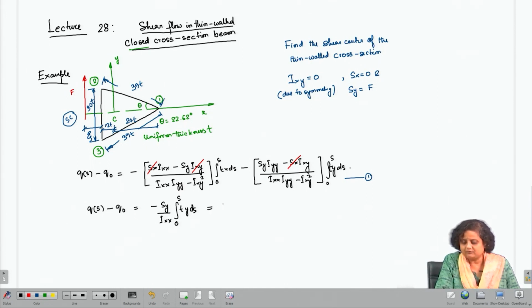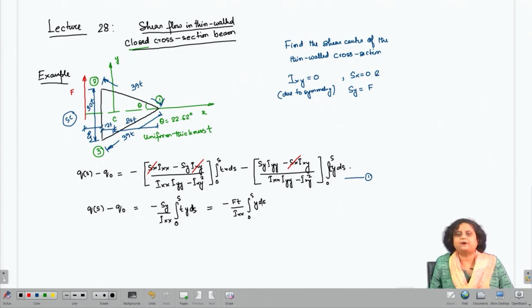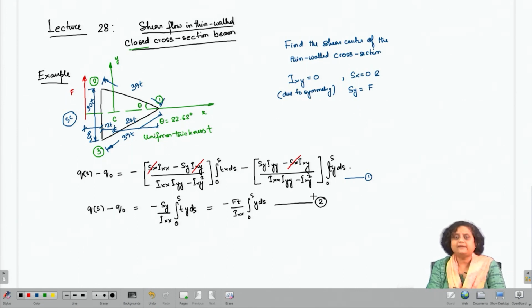Since t is uniform, I can just write this as minus F t by I x x into the integral from 0 to s of y d s. So, the expression for shear flow has changed considerably, and this is the expression that we have got. We can call it equation 2. Now, we have figured out that the only sectional property that we need is I x x. So, let us try to find out I x x.